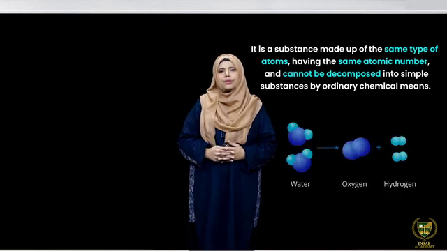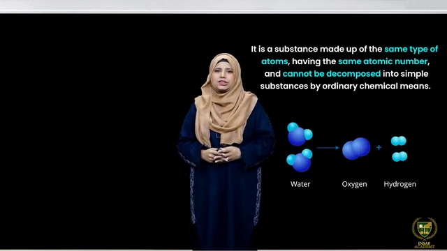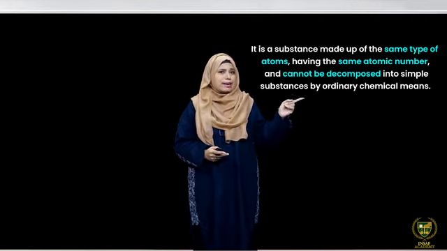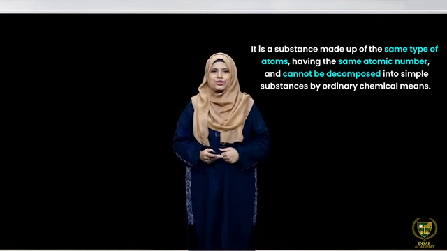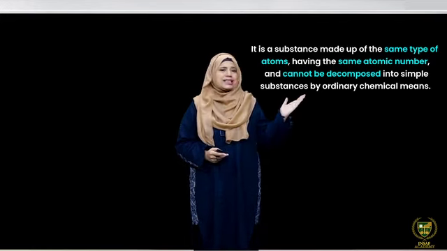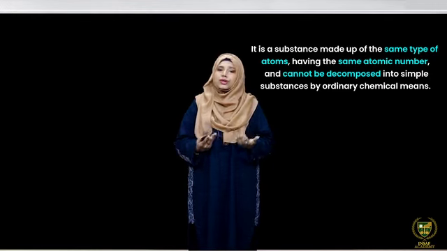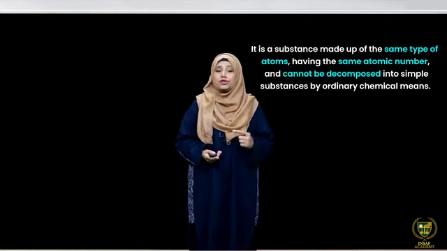For example, decomposition of water is going to give you hydrogen and oxygen. So what is an element? It is made up of the same type of atom, with the same atomic number, and cannot be decomposed into simple substances by chemical reactions. So it has a unique type of atoms, and of course, if something has a unique type of atom, it would have specific properties which would be different from the other atoms.